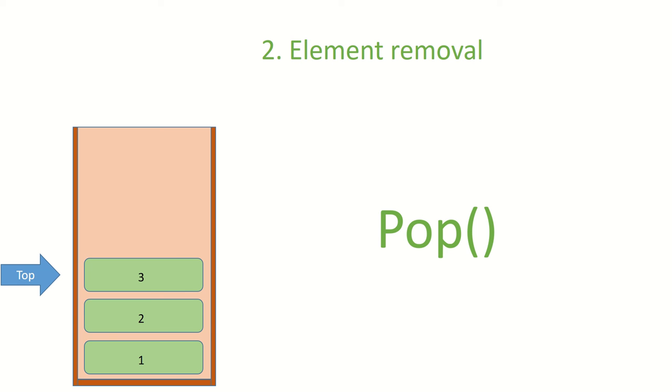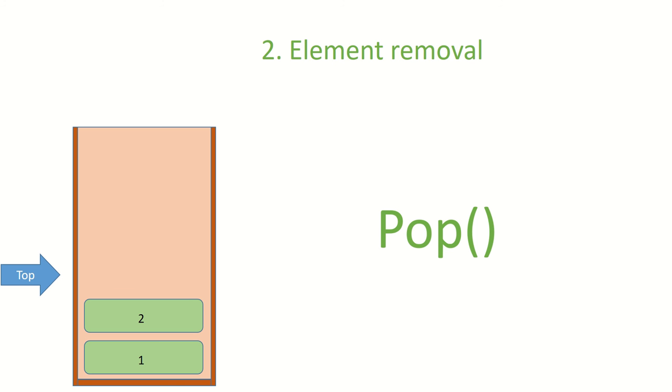So at any given moment of time, there will be only one element which will be pointed to by top, the latest element, the last inserted element, which is 3 in this case. If you notice, we have inserted 1 first, then 2, and then 3. So 3 is the last inserted element, and that is pointed to by top. So when you call pop on this object, it will remove 3.